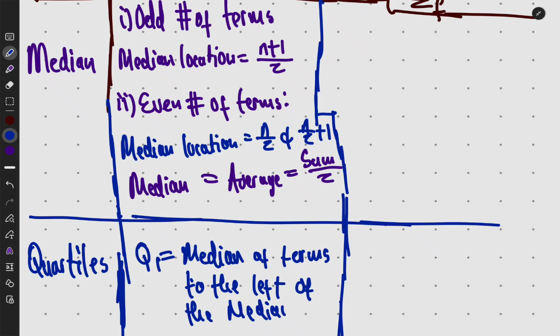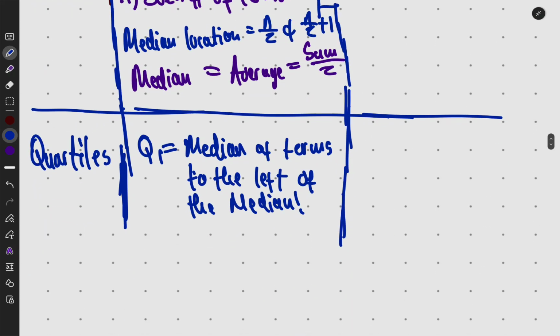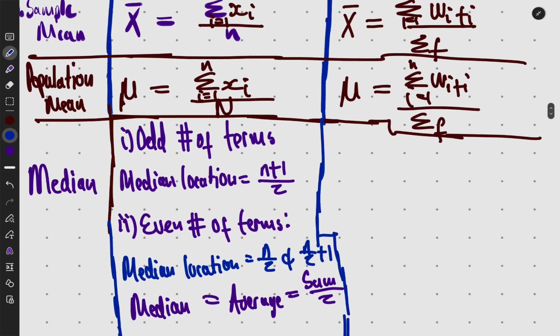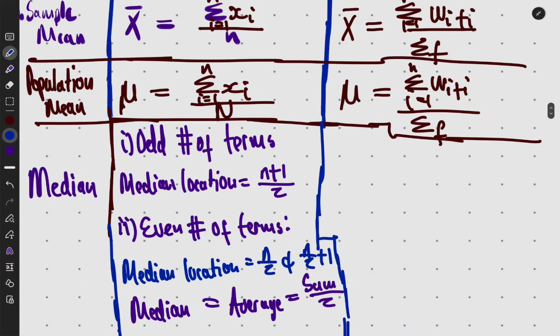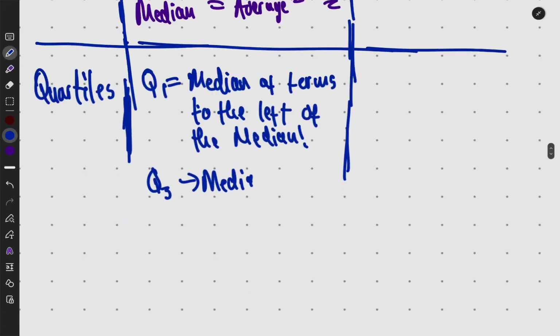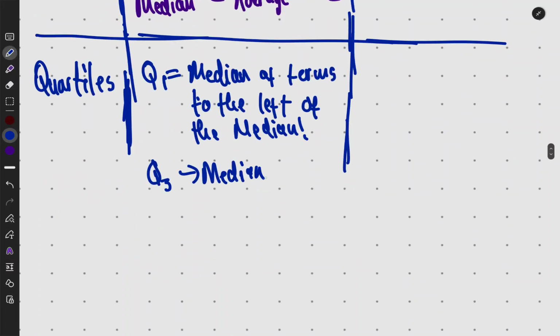Then Q3 is going to be the median, using the methods we talked about here to decide whether it is odd or even. Then you know the method. Q3 is going to be the median. Remember this statement because it's going to be very important when you do the questions. I'm going to remind you, didn't we say that?